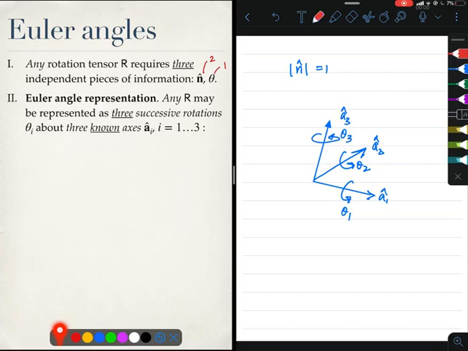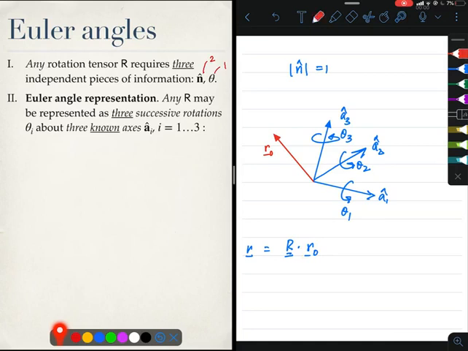Okay. So if I have a vector, let's say r0, and I am rotating r0 by the rotation tensor R, and it is giving me this vector small r, then what the Euler angle representation is claiming is that I can go from r0 to r by following three steps.